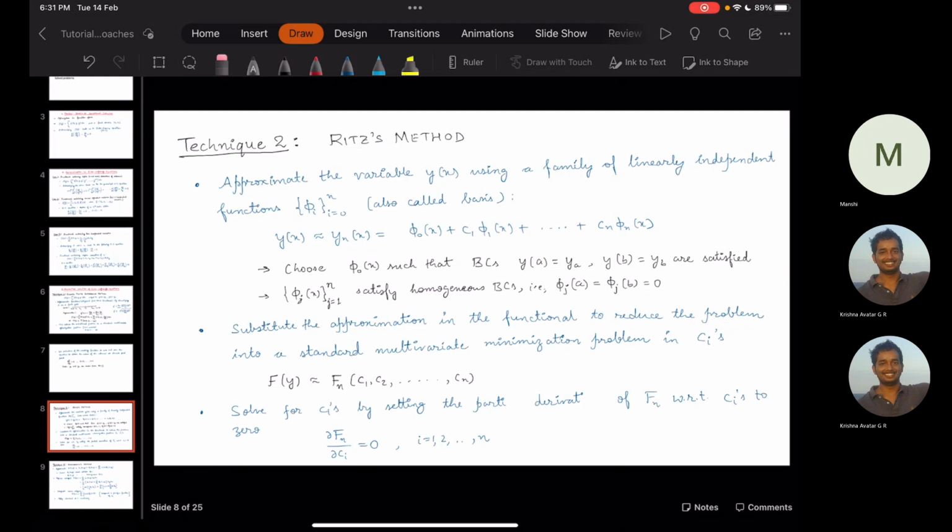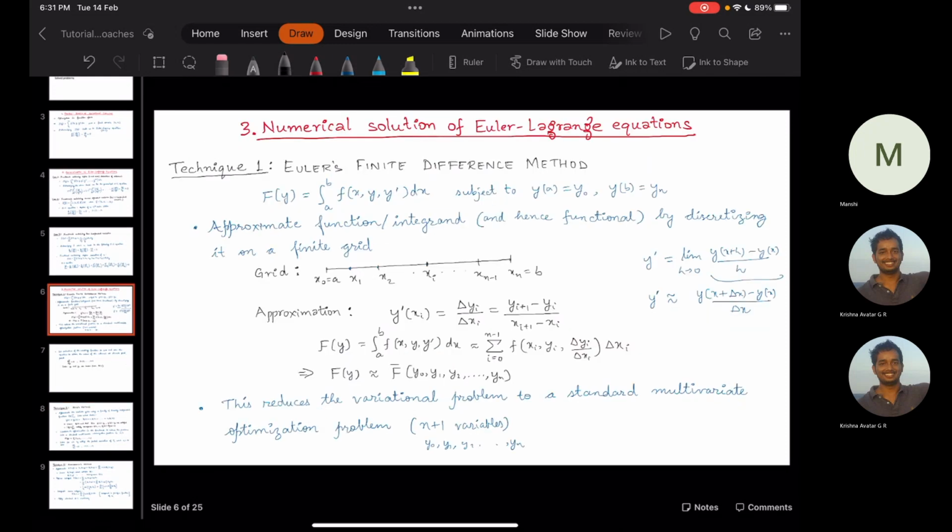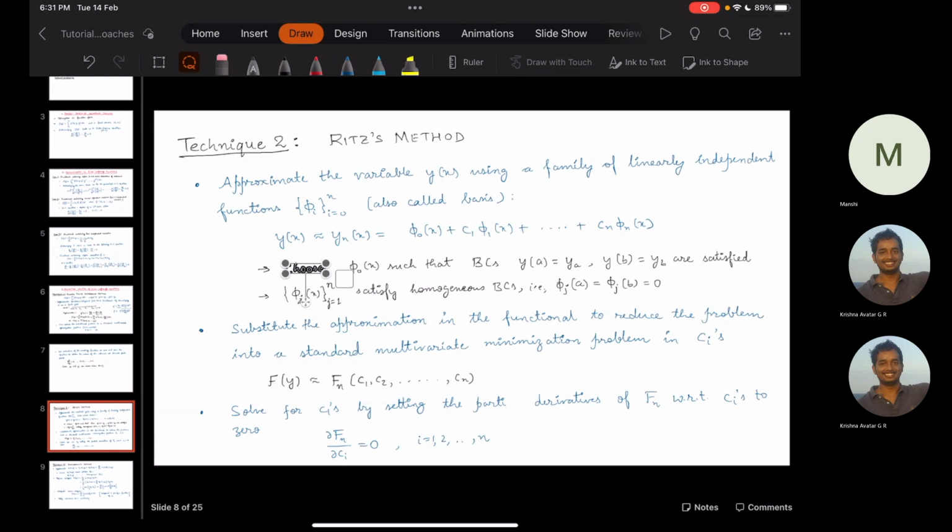Okay, now our next step is to substitute the approximation in the functional. You must already be very familiar with our functional; it's this functional which you are already very familiar with. In this functional, we are substituting the approximation for y.